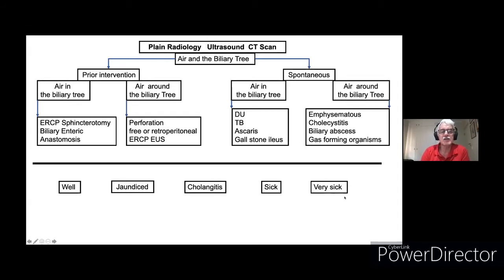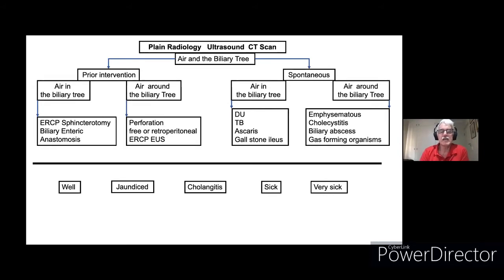Sometimes these things occur spontaneously, as we've heard. That can be from pathology which has eroded and caused it, and again, there's a host of causes there. Also worms, especially in young adults and in children, can lead to a paralyzed sphincter, which allows air to egress in and out of the biliary tract.